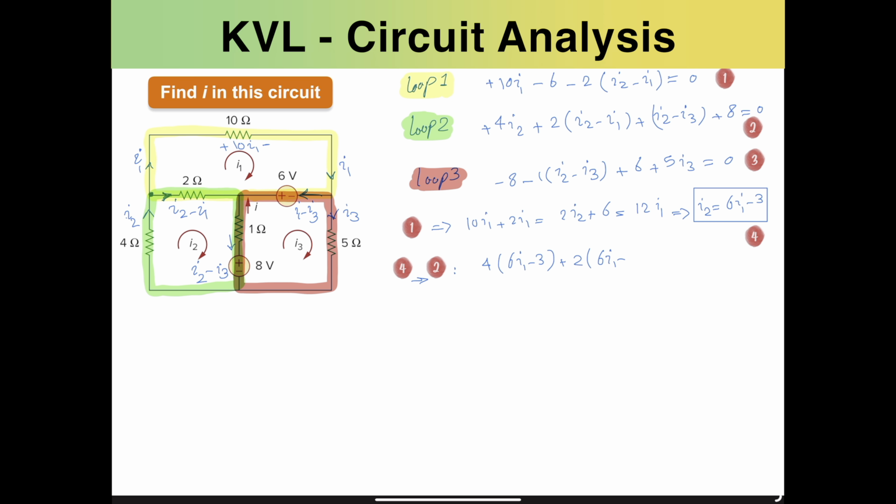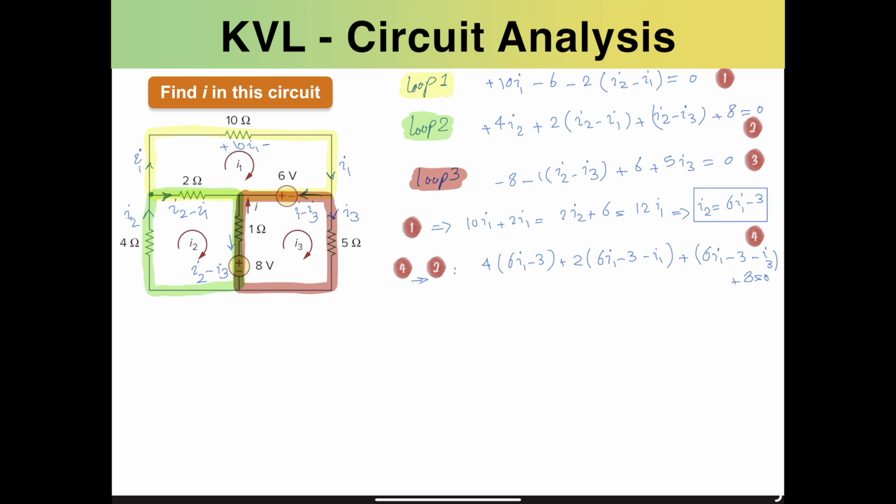It would be 6I1 minus 3 and minus I1 plus I2 minus I3. It would be 6I1 minus 3 minus I3 plus 8 equals 0. So we need to just simplify this.